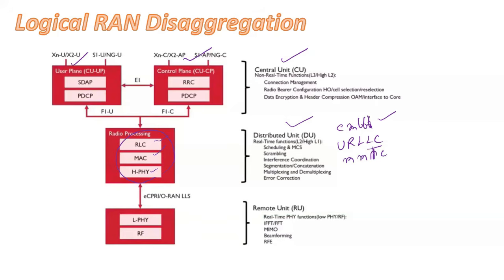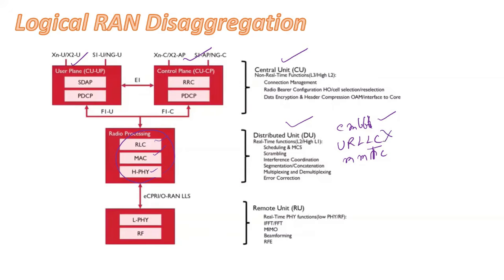Okay. So especially, for example, in URLLC, where there is a need for low latency communication, how do we do it? If your core network or baseband unit is located 10 kilometers away from you, even if the signal travels at the speed of light, there is still some delay that is noticeable.